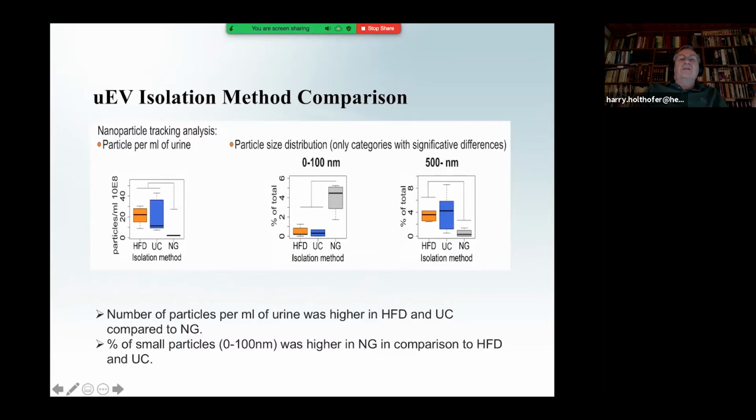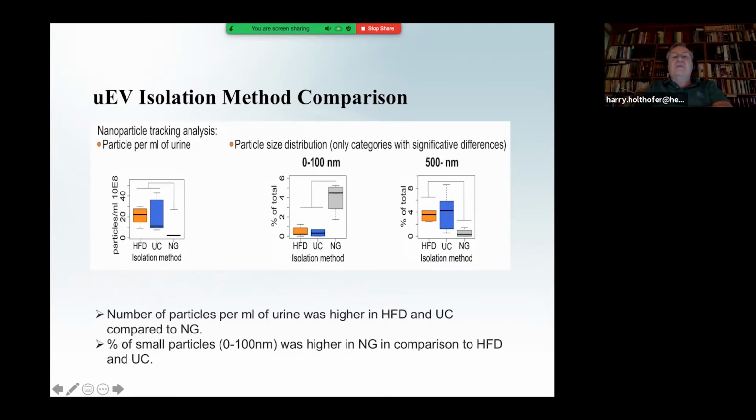With the different particle size distributions and ability to pick those, HFD and UC again work similarly in the smaller range as well as in the higher range of vesicles, whereas the kit-based ones don't work that well between 100 to 200, 200 to 300 and so on.